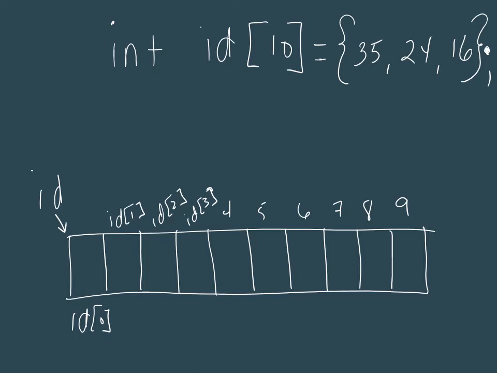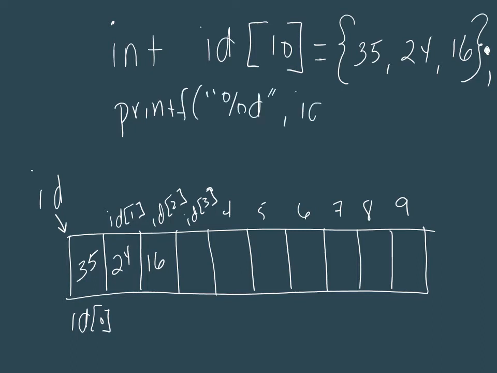All right, so now what I've done here is I've said I want to start from the first cell and put a 35 there, and the next cell and put a 24 there, and the next one and put a 16 there. So the rest of them I don't know what they are. If I try to say printf %d ID at index 6, which is this one right here, that's the integer variable, what do you think would happen?